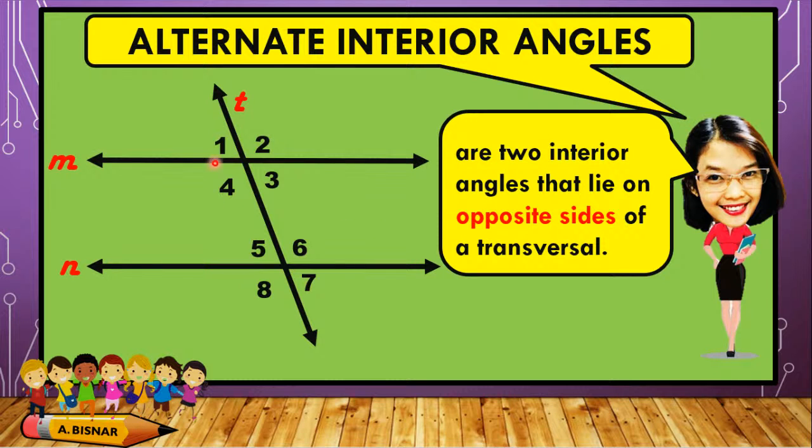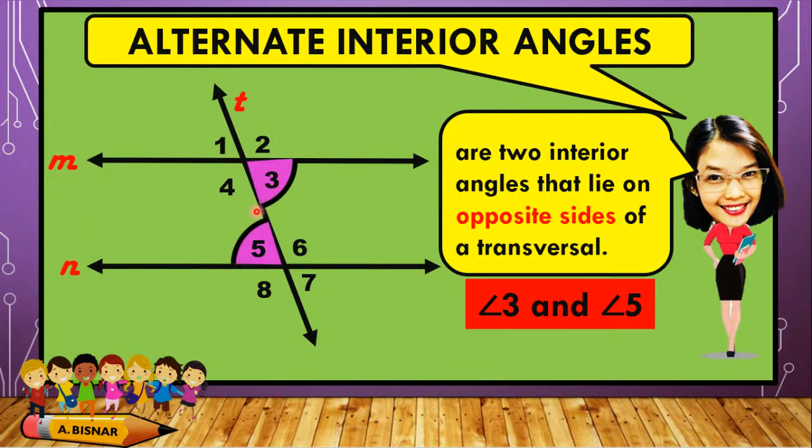Yung kaliwa at saka yung nasa kanan. So, if we are asked about the alternate interior angles, ibig sabihin, mga angle na magka-opposite. Yung isa nasa kaliwa, yung isa nasa kanan. For example, angle 3 and angle 5.